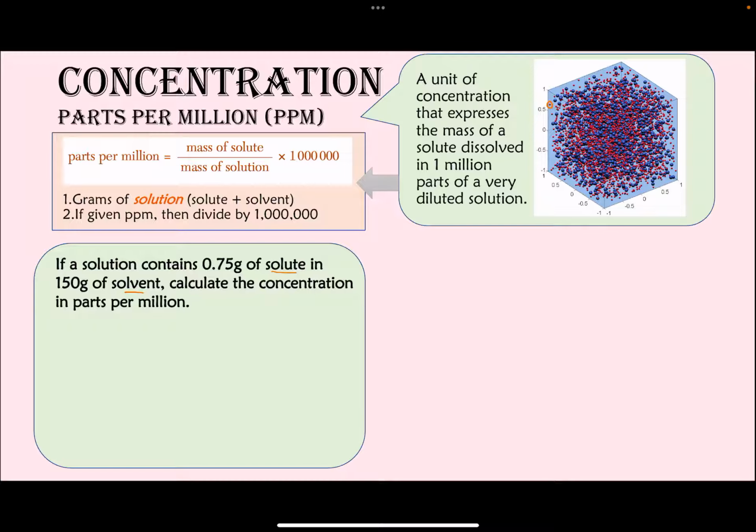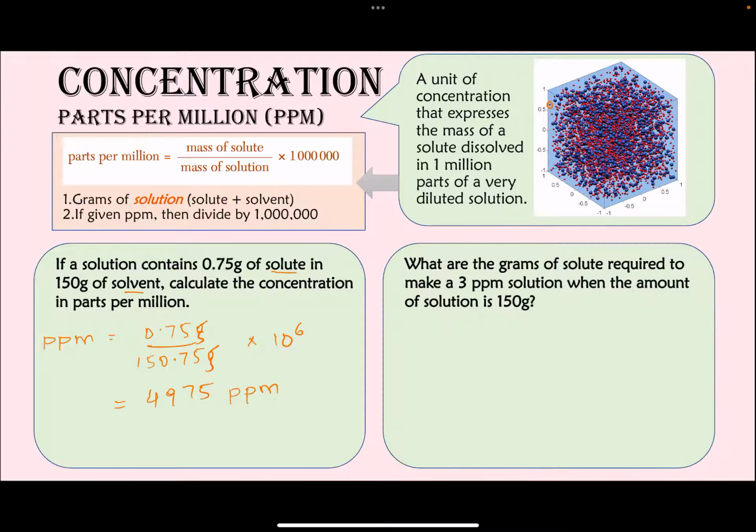So when you are putting this in the equation of parts per million, you're going to write 0.75 grams of solute at the top, and then for the bottom, you're going to have to do 150.75 grams, because you add 150 and 0.75, and then you multiply this with a million, which can be just 10 to the power of 6, and this gives you about 4,975 ppm.